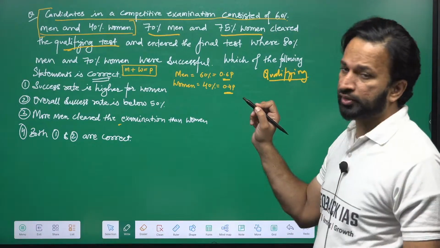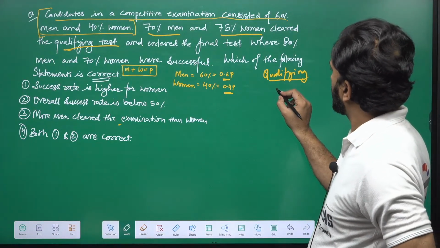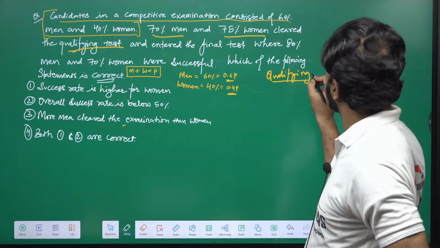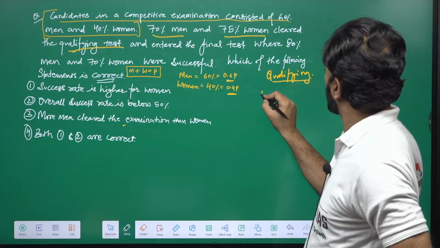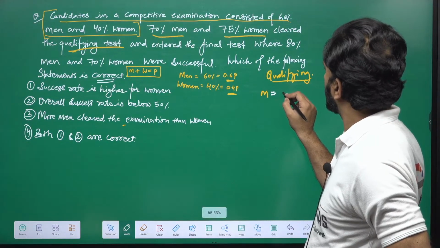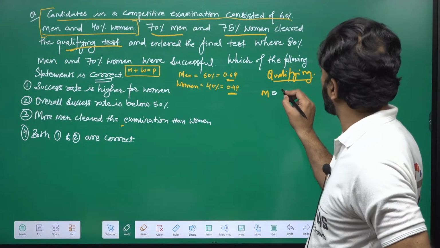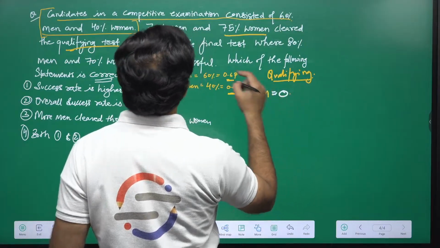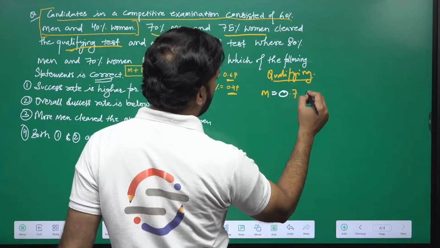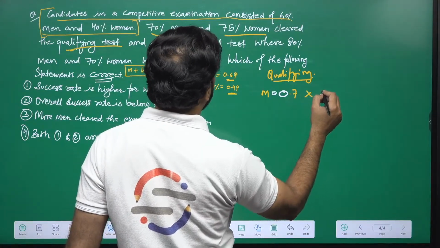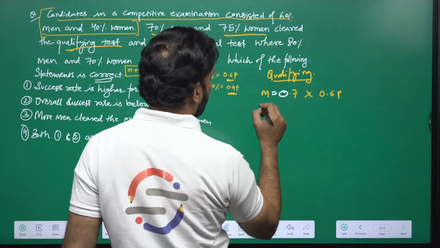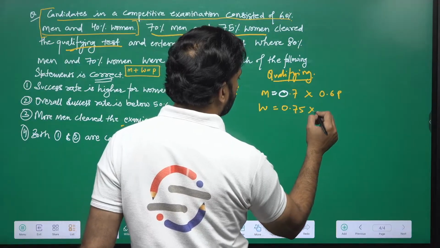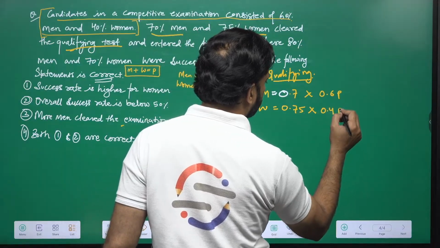How many people, men and women, cleared the qualifying test? Men is equal to 70%, which is 0.7 of 0.6P, and women is equal to 0.75 of 0.4P.